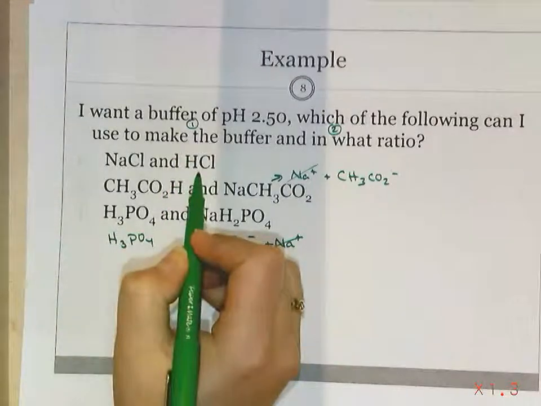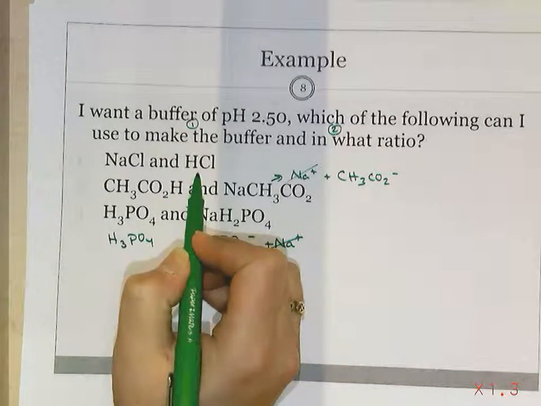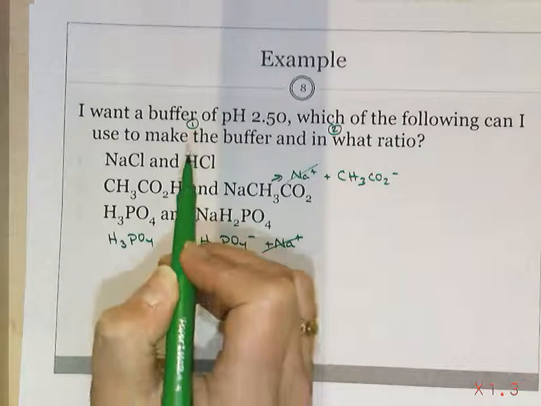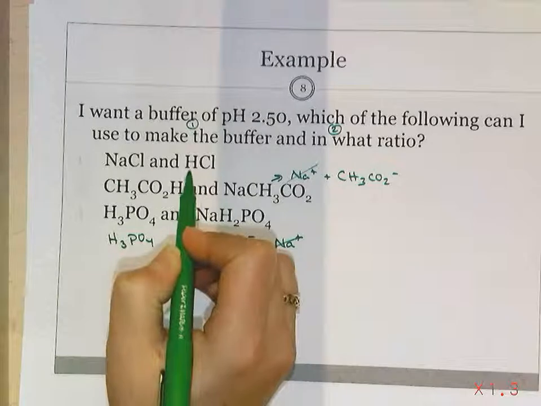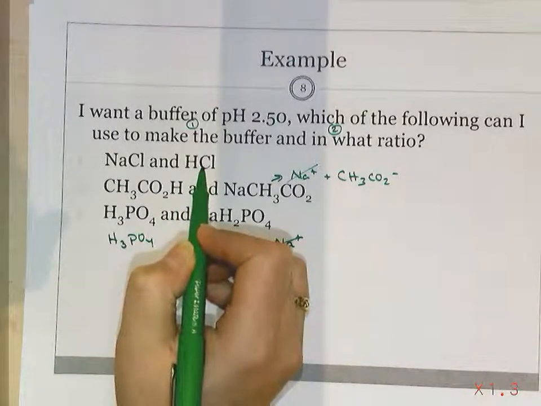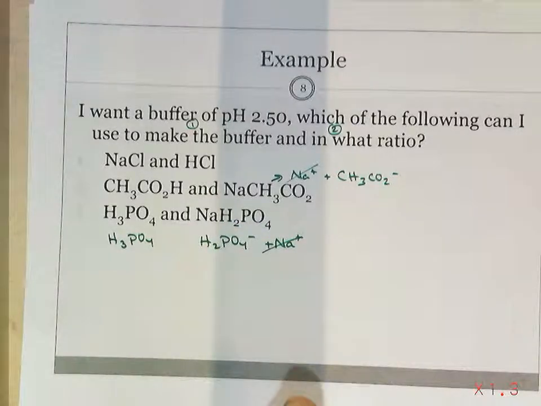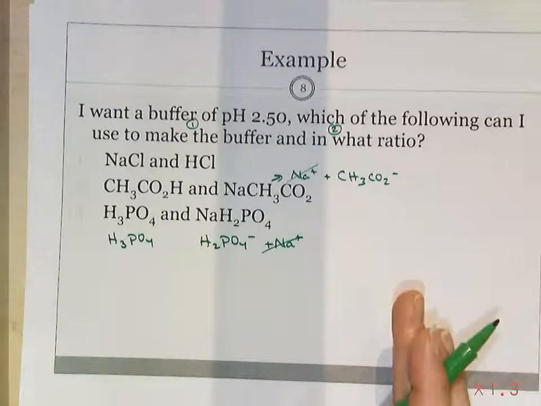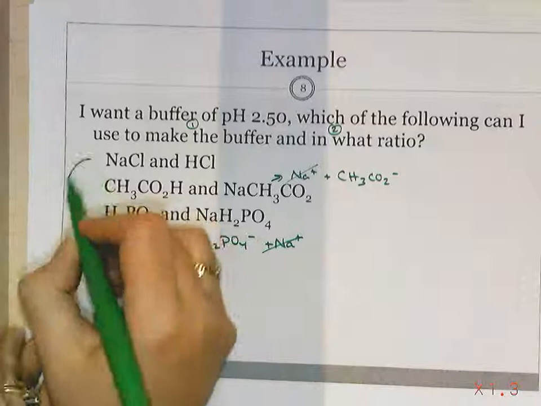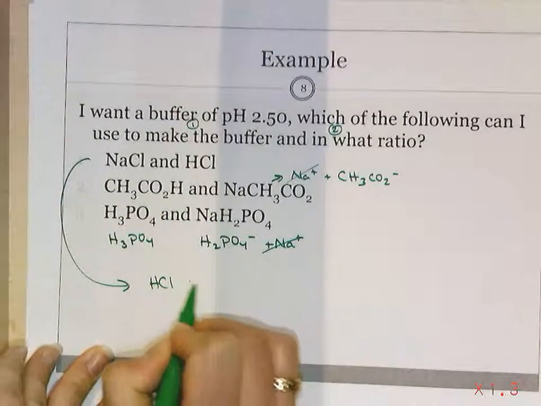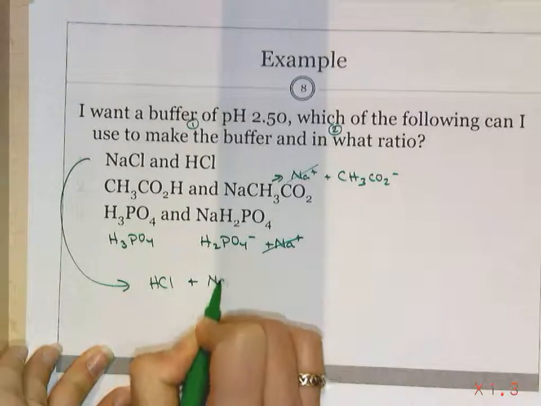Hydrochloric acid, is it one of our strong acids? Right, it's one of our strong acids. When we do hydrochloric acid, do we ever write it as H plus and Cl minus? Or do we write it more appropriately as a Bronsted-Lowry acid? So we had this and NaOH.